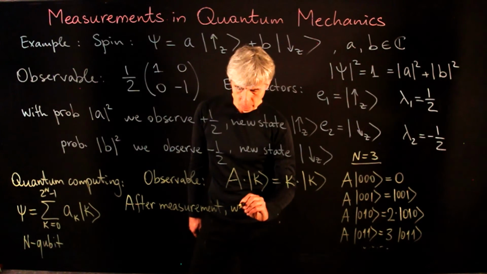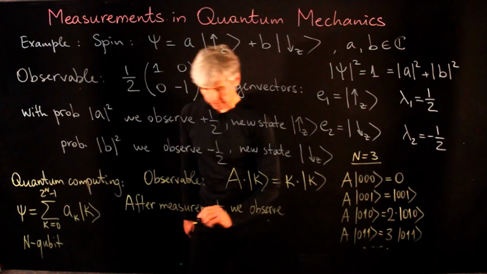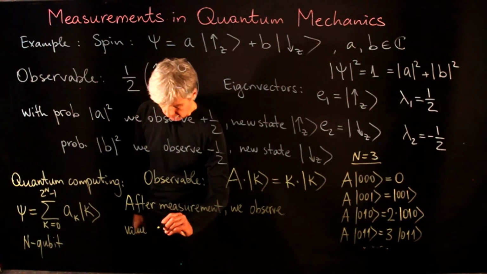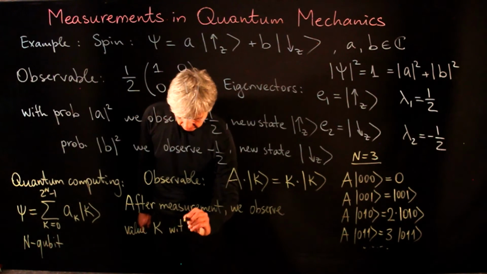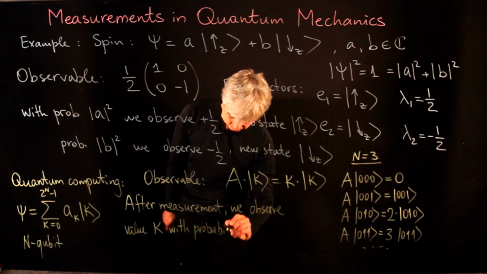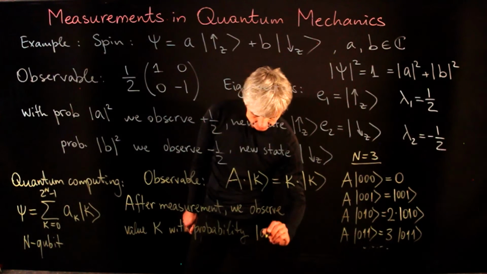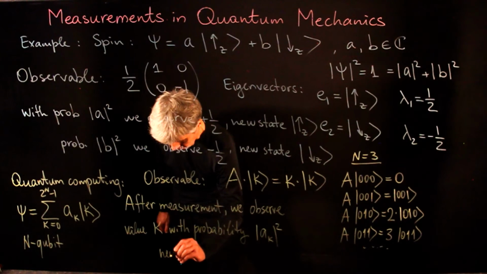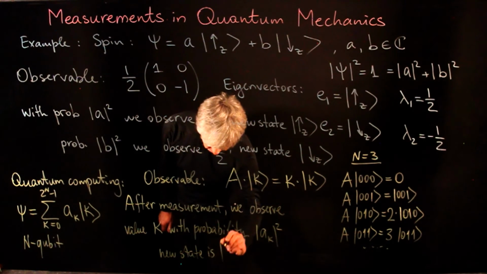So if we apply this observable to this state, after measurement we observe the value k with probability norm of ak squared, and the new state is the basis state k, right?